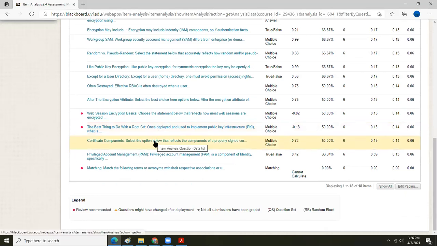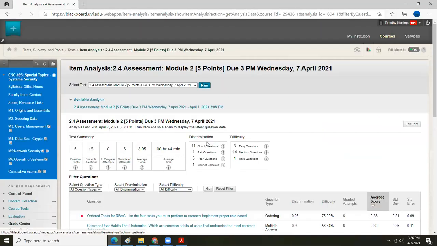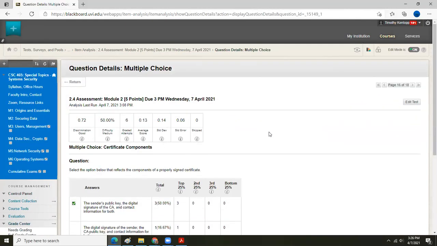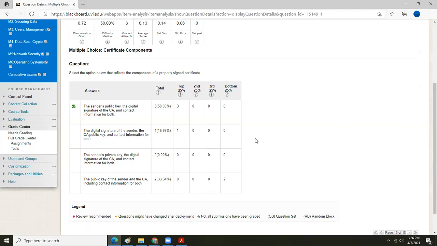Certificate components. Select the option below that reflects the components of a properly signed certificate. So this was a multiple choice question. There's actually a slide that we reviewed in class.